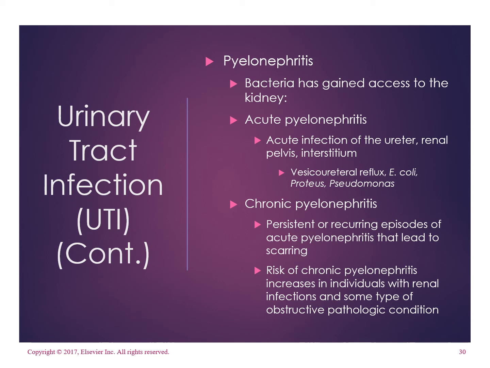It can be due to urinary obstruction. Reflux of urine from the bladder are the most common underlying risk factors for this. It can also be caused by E. coli, Proteus, and Pseudomonas.